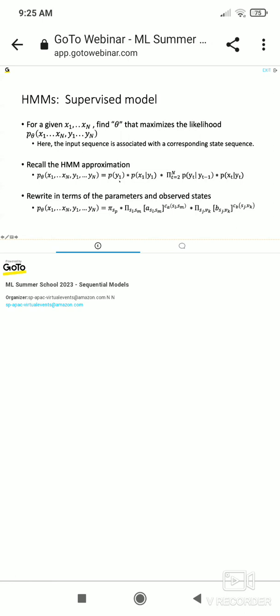These are the initial probabilities, and p of y_t given y_{t-1} is the transition probabilities, which are represented by A's.